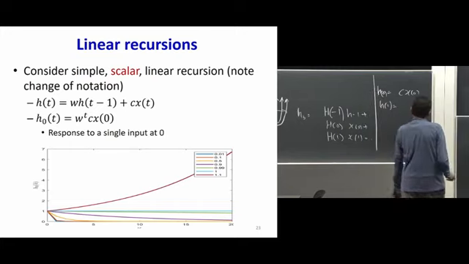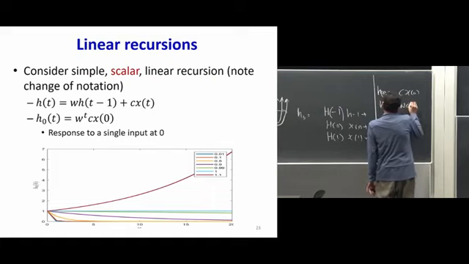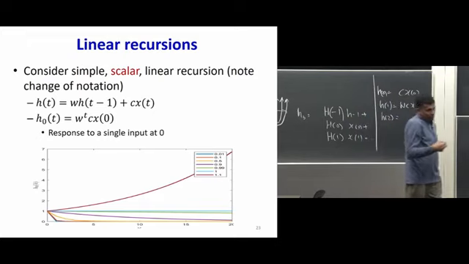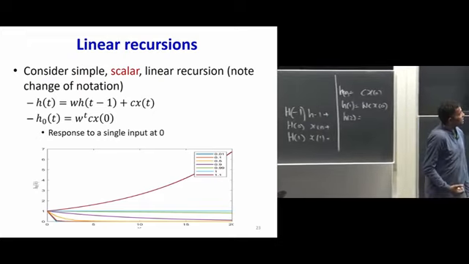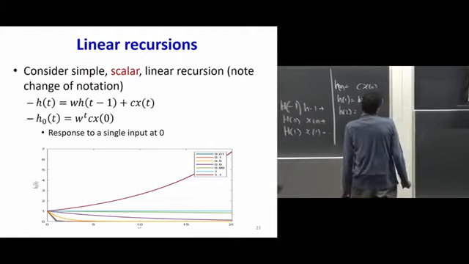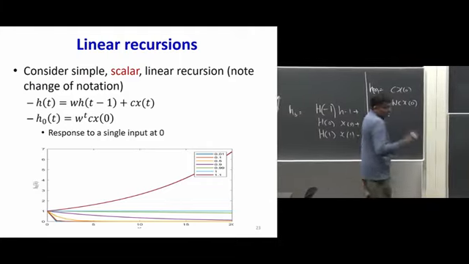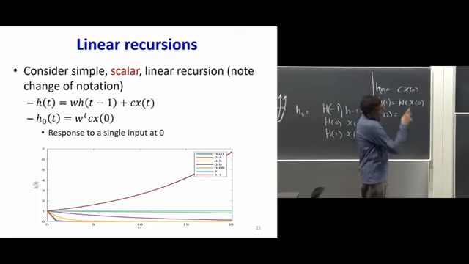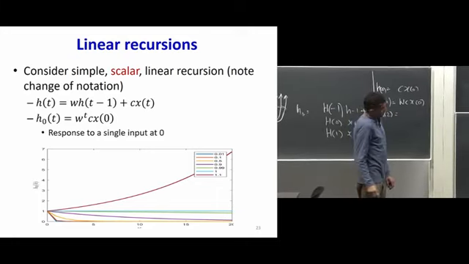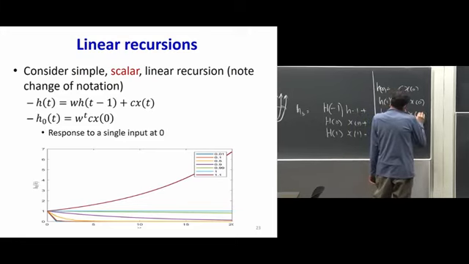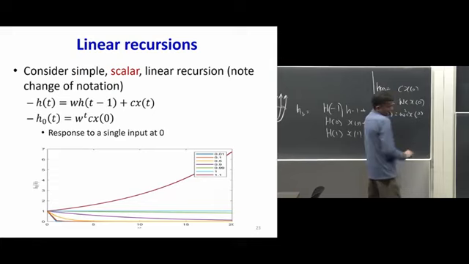So that's going to be w times c of x0. H of 2, again there is no more input, you only have the hidden value at the previous time, so that should have been w raised to t minus 1, I guess. Can somebody note? So there's a bug on the slide, Ahmed. That should have been w raised to t minus 1. Okay. So this would be w squared times c times x of 0, right?